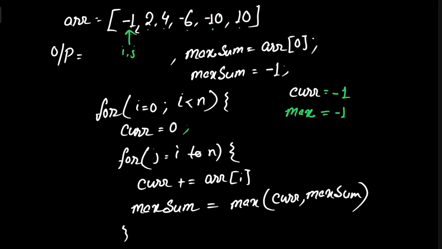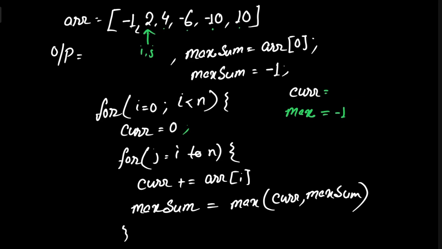Now we shift the i, means i and j are here. i is 1, so it is also in the for loop, and current is again 0.